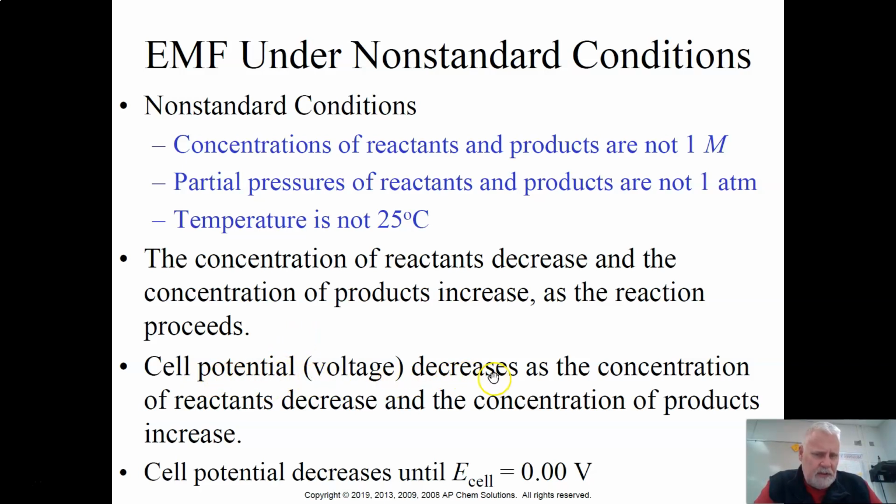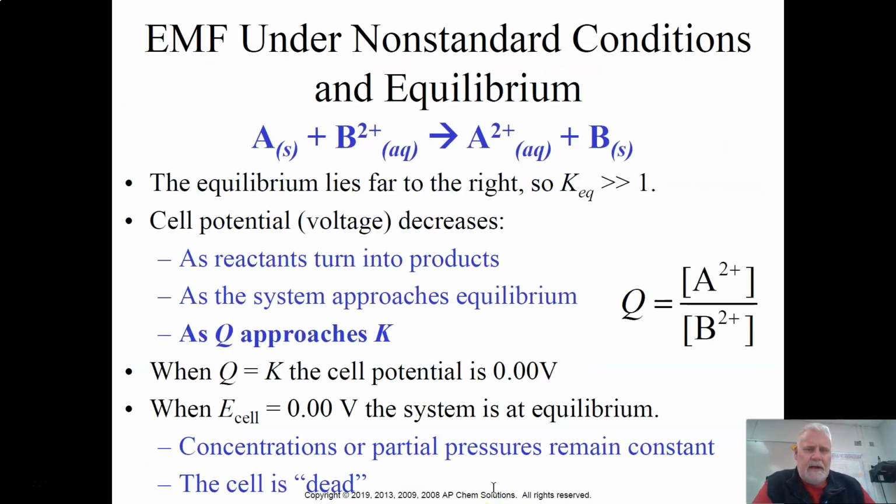Cell potential decreases as the concentrations of the reactants decrease. So underline that statement right there, because what's going to happen is you're going to keep doing that until E of the cell equals 0.00 volts.